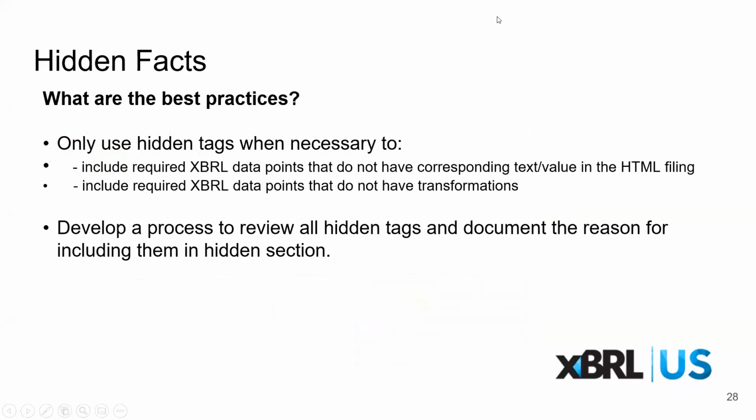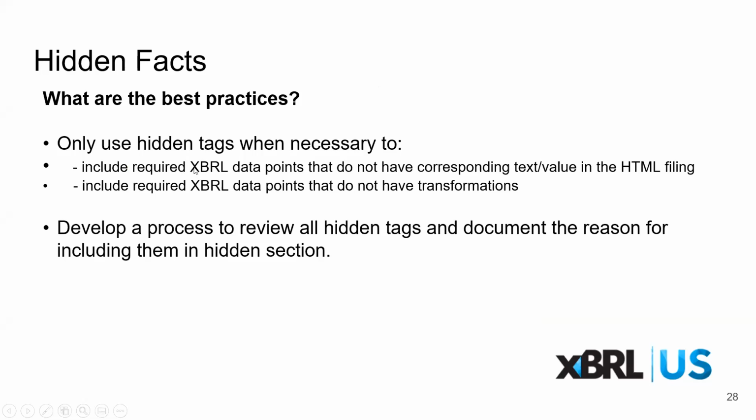All right, so just to recap the best practices on hidden facts: number one, you want to use hidden facts when the required XBRL data points do not have a corresponding text value in the filing itself, or the content is in the filing but does not have the proper transformations to convert it to the correct XBRL fact value.